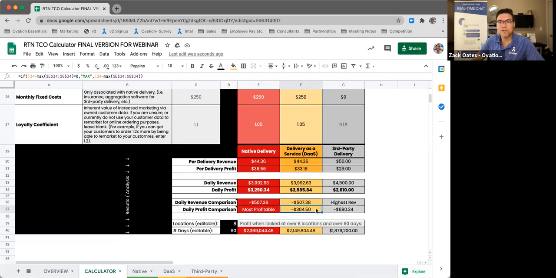Delivery as a service is $304 less profitable, and third party is $680 less profitable. So this is just a quick comparison so you can see easily what the difference is between the daily revenue and daily profit.